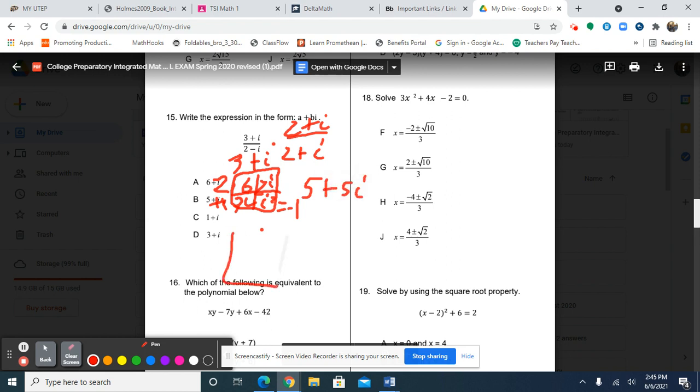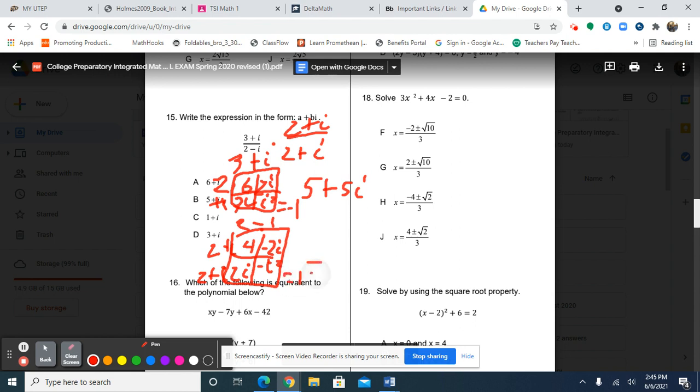Now for the other one, we have 2 minus i, 2 plus i. So 2 times 2, which is 4, 2 times i, which is 2i, 2 times negative i, which is negative 2i, and then negative i squared. Now again, i squared turns into negative 1, but since it's a negative, it actually turns into positive 1.